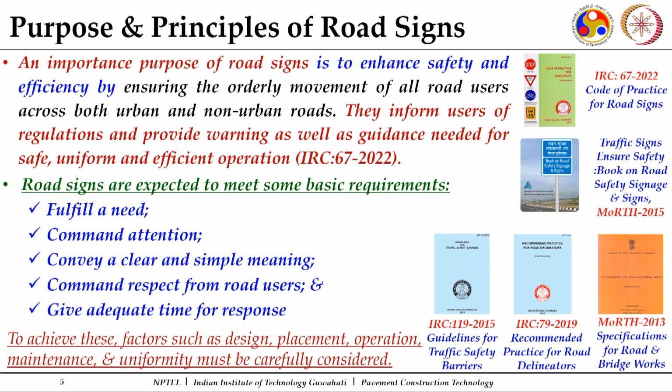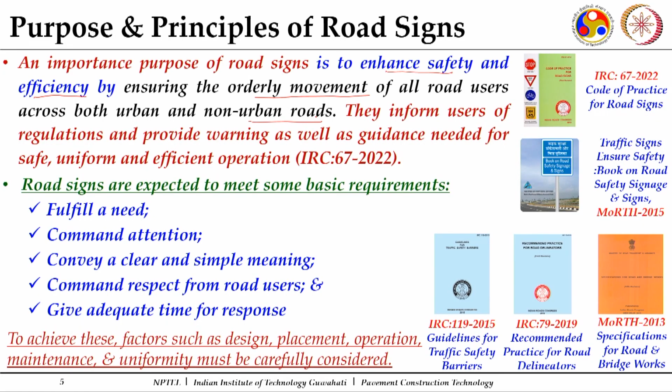One important purpose of road signs is to enhance the safety and efficiency of the movement of road traffic on these infrastructure facilities by ensuring the orderly movement of all road users. So the movement has to be in order, in a proper manner, following certain regulatory, or we can call mandatory, information across both urban and non-urban roads.